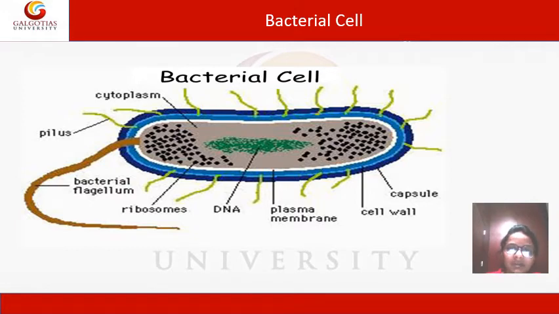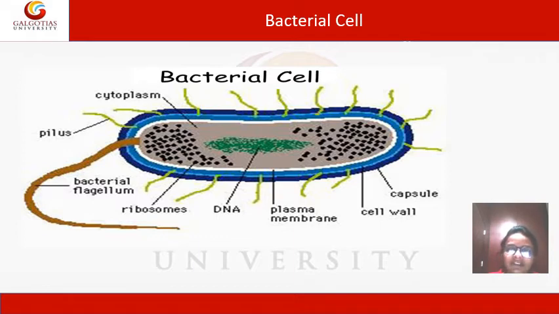If we compare eukaryote cells and prokaryote cells, bacterial cells are prokaryote cells, and human cells are eukaryote cells. One difference between eukaryote cells and prokaryote cells is related to this genetic material. In prokaryote cells, meaning in bacterial cells, the genetic material is not covered by any nuclear membrane.